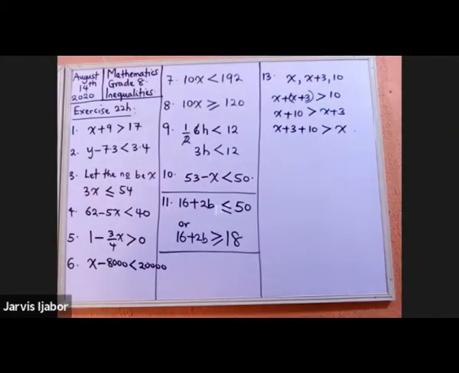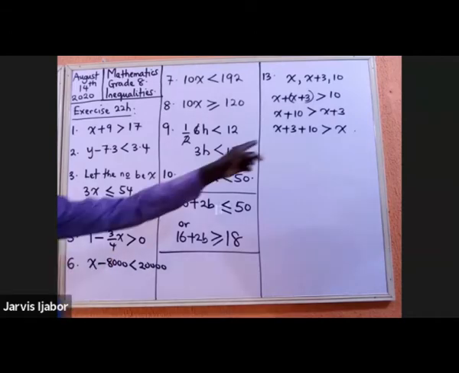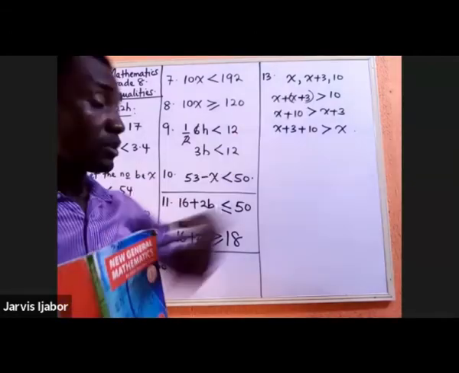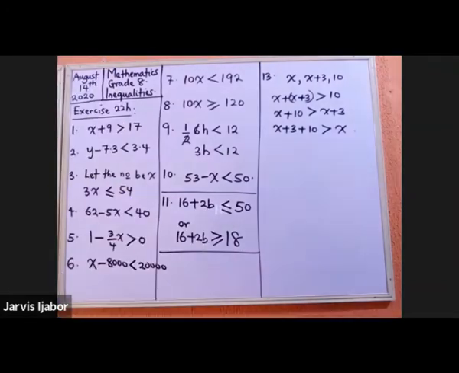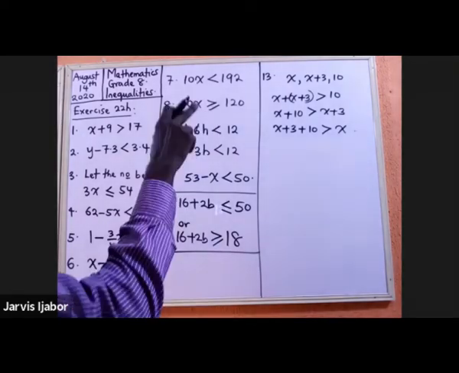He said the sum of any two sides of the triangle must be greater than the third. So the question says, find the lowest value of x. So you test all of this. The sum of any two sides must be greater than the third.